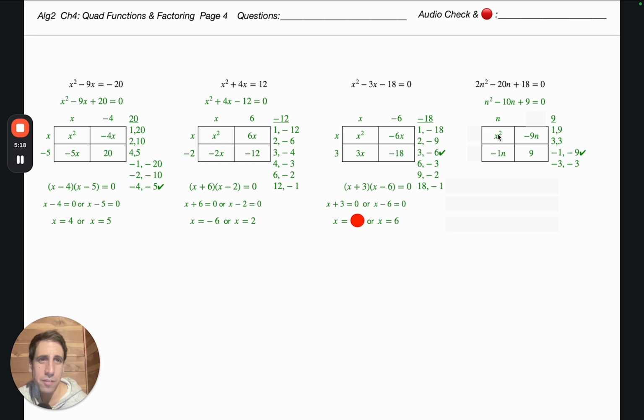It should be n squared right here. N times n is n squared. And then negative 9 goes here. N times what gives you negative 1n? It's negative 1. And we get what we need. Join them together with multiplication. Separate them with the zero product property, and solve.